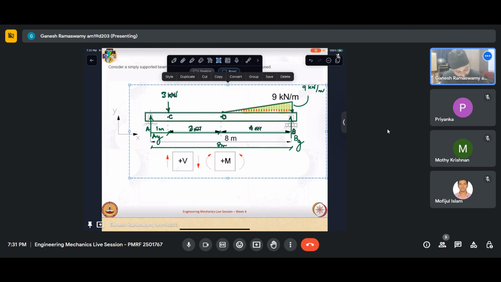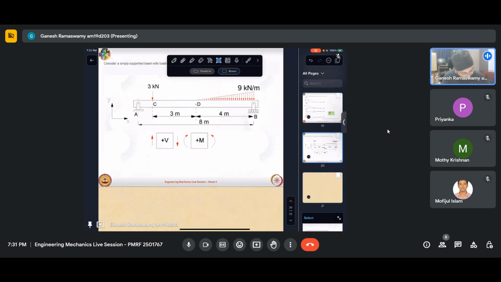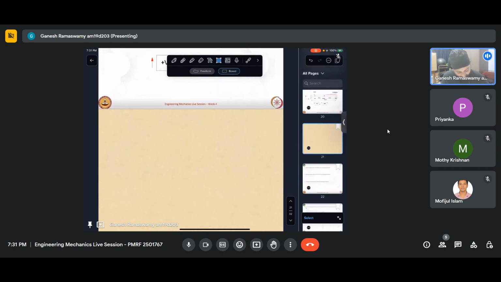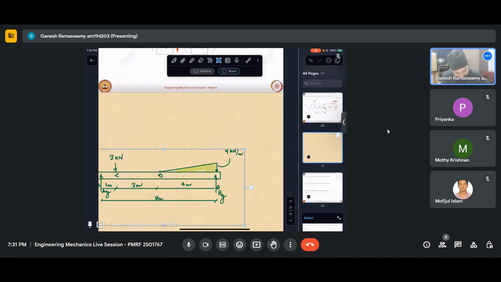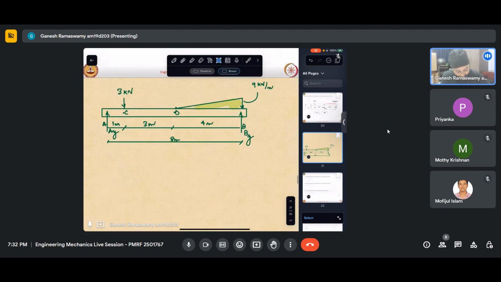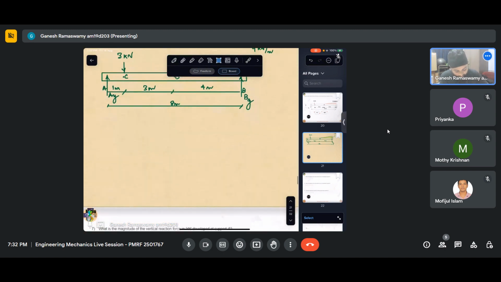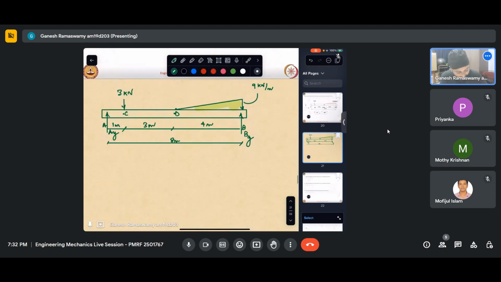Okay, I've already added the page. So this is my problem. So if I take moment about B, I can get, okay, first let us see what is the thing that is asked in the question.